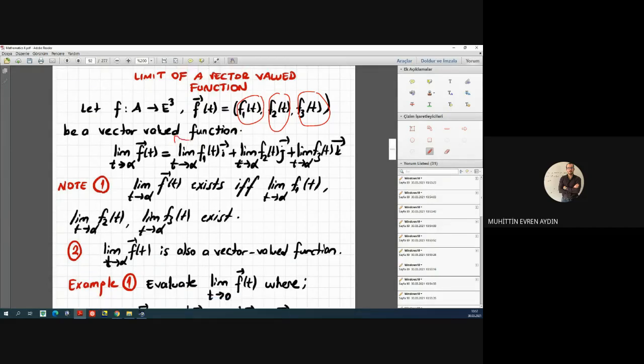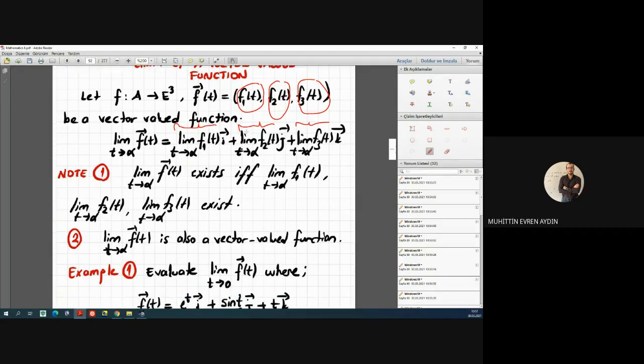I mean, this part is familiar to us. So that's why the limit of a vector valued function is the limits of the component functions.